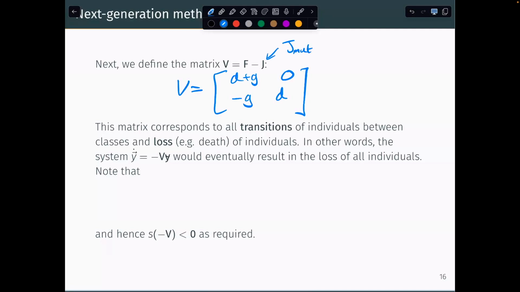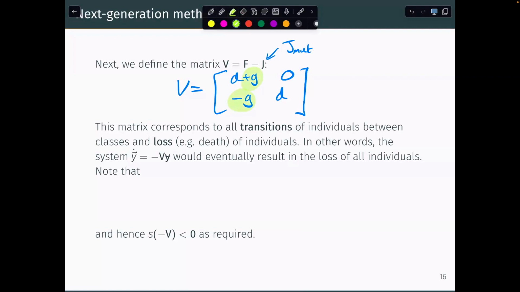And again, this also has meaning. This matrix corresponds to all transitions or movements of individuals from one compartment or class in our model to another, or loss. Okay, so if we examine the terms here, we've got transition from young to adult stages. That's this plus G and minus G. Notice that these transitions are always going to cancel out when you sum these terms together across the matrix.